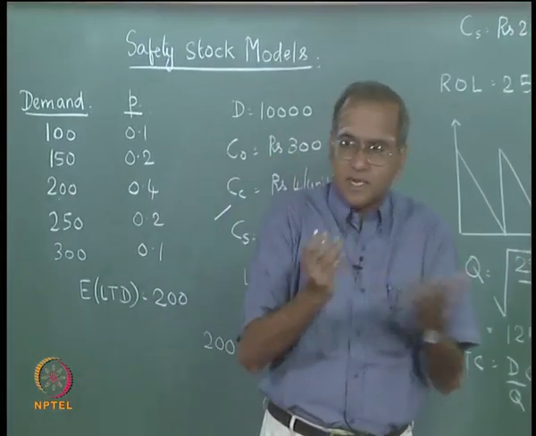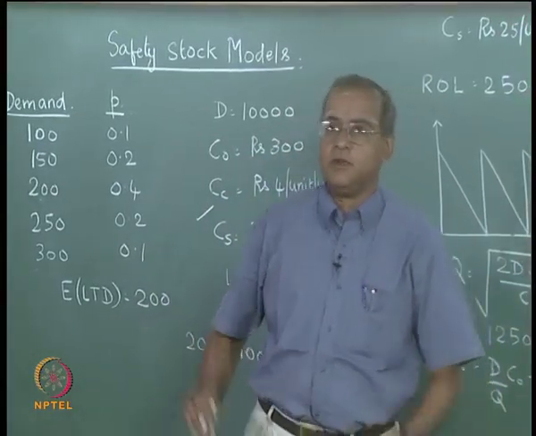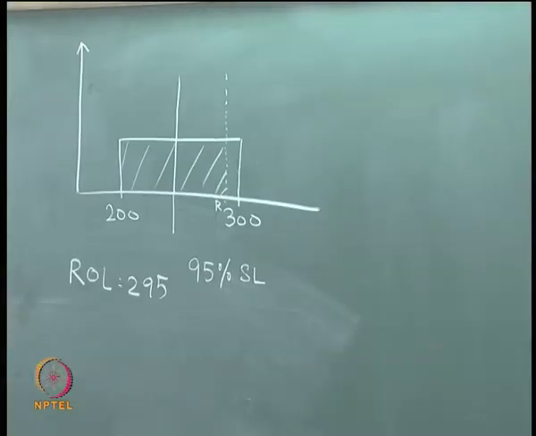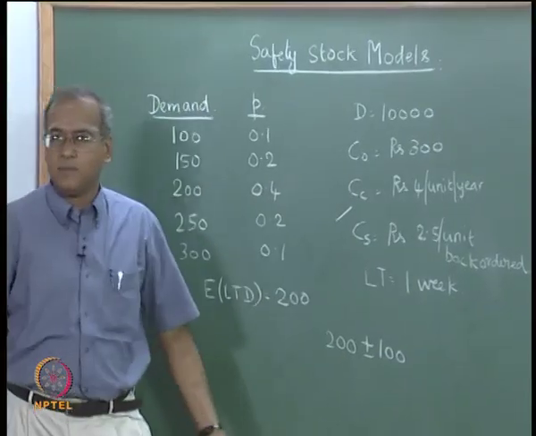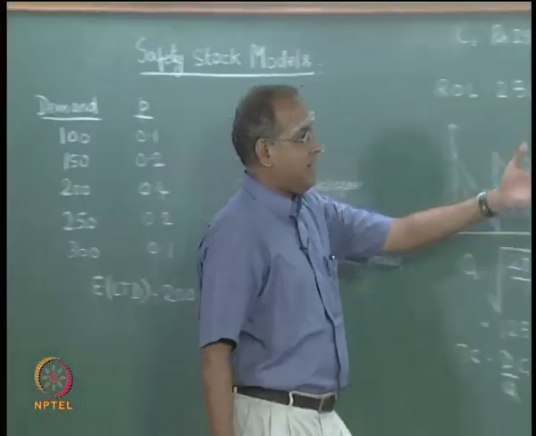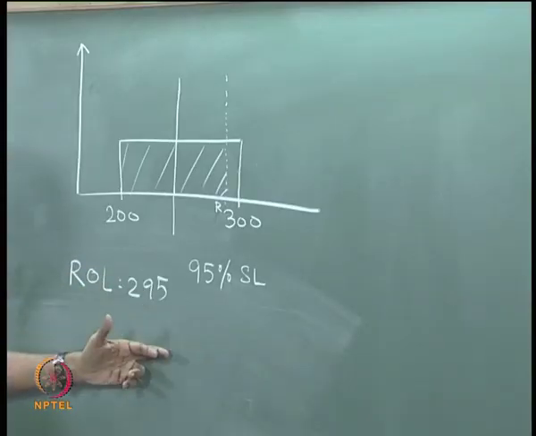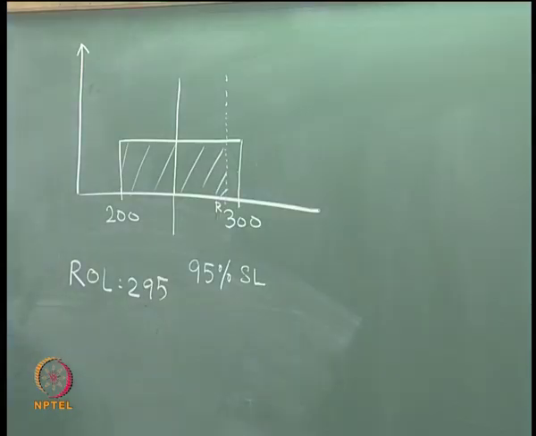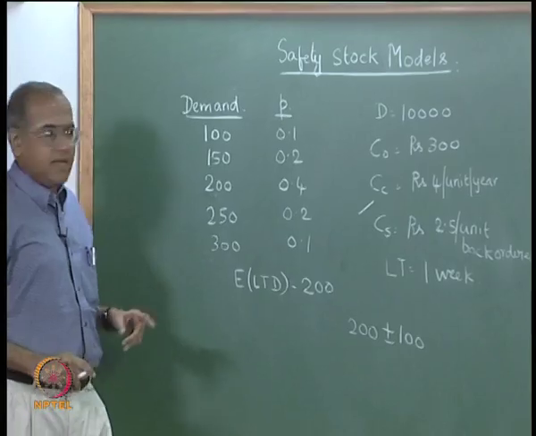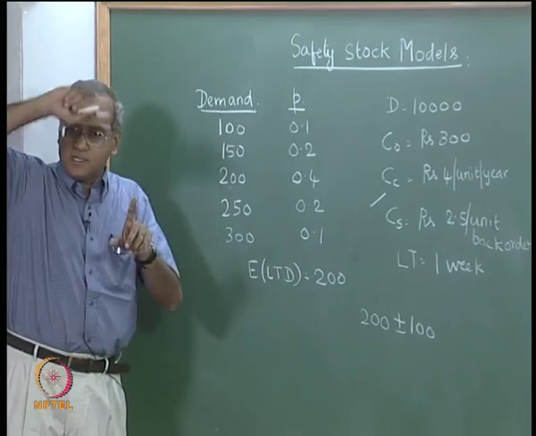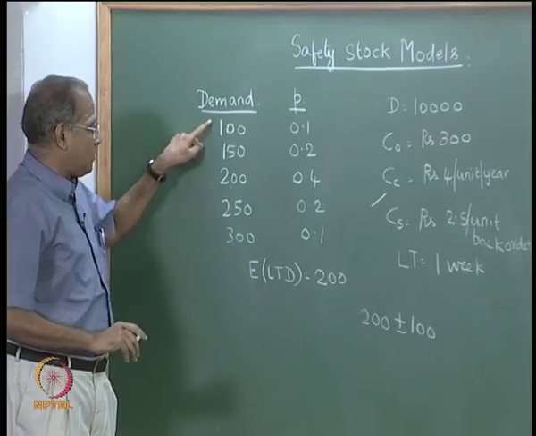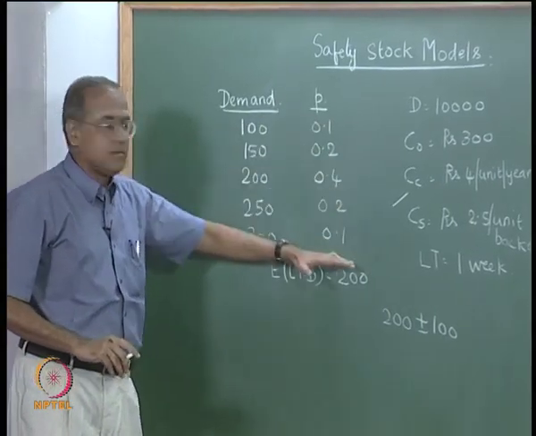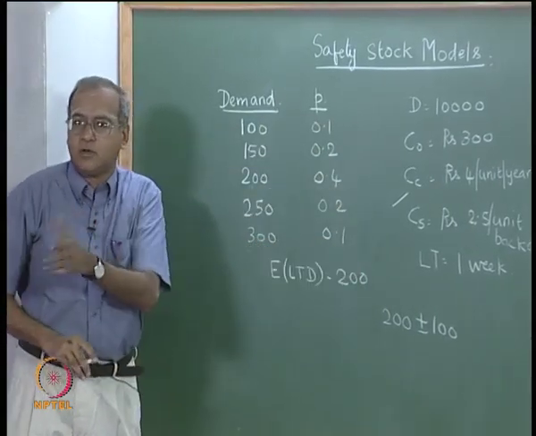So that is easy to do when we have a uniform distribution between two given values like 200 plus minus 100. If we want a 90% service level, then it will become 290 and so on. Now let us look at the other thing, that if we actually plot this, we realize that at 200 the value is the highest, and as you move to the left the values are lower, and as you move to the right the probabilities are also lower.